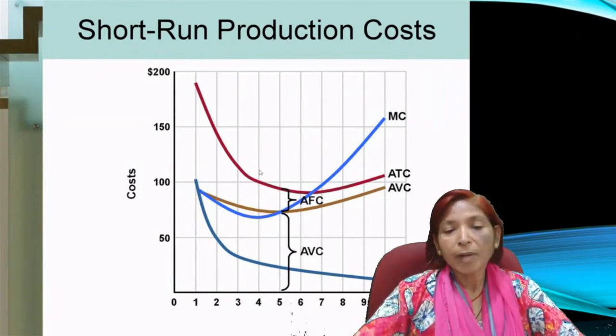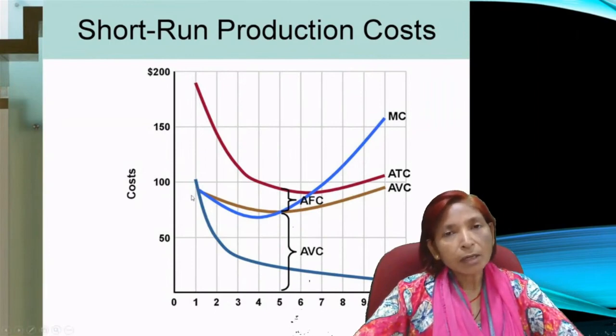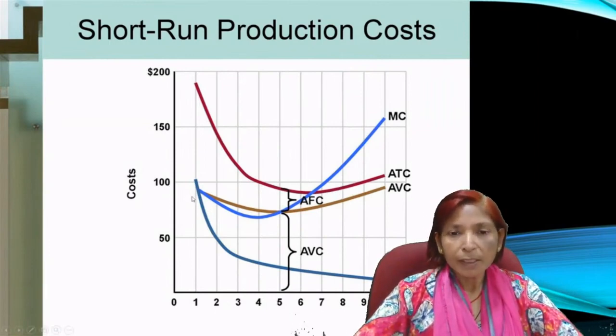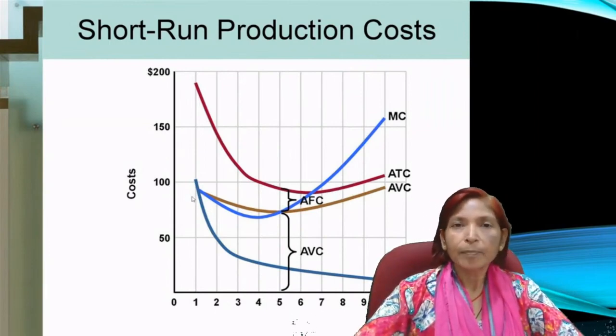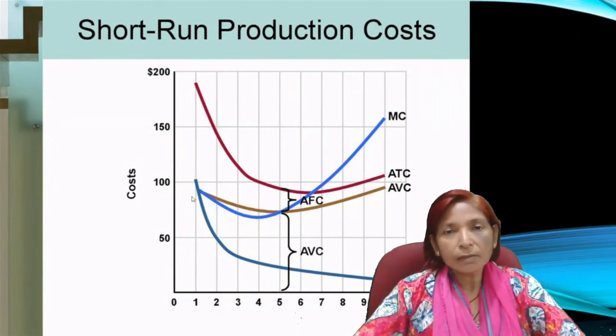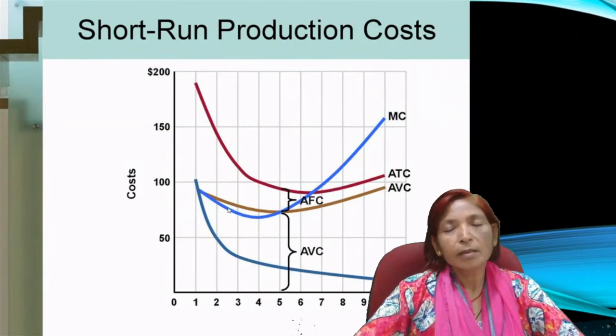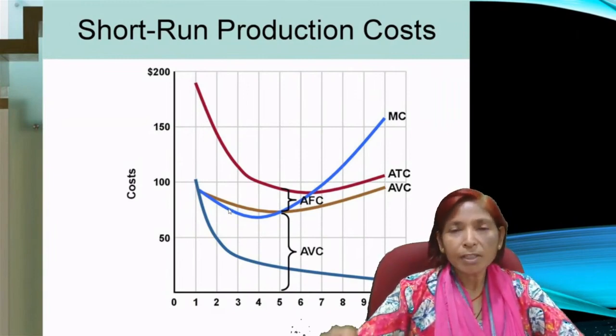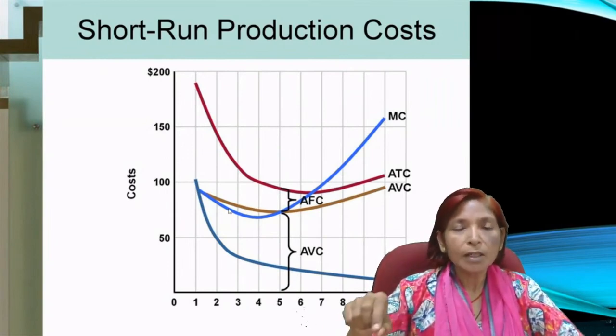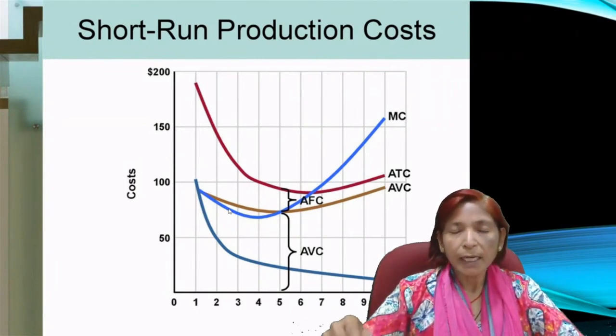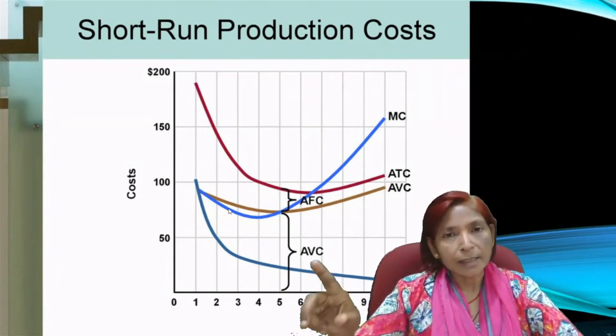Now next is the marginal cost curve. The marginal cost curve is also a U-shaped curve, and it always intersects the average total cost curve and average variable cost curve at their lowest point, where average cost is minimum and where average variable cost is minimum. MC always cuts AC and AVC at their minimum point and then starts rising.